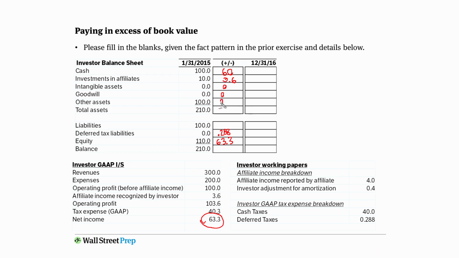Nothing's happening to other assets. And so we have 63.6, which exactly equals the net change here, 63.3 plus 0.3, which is, we're just rounding up.